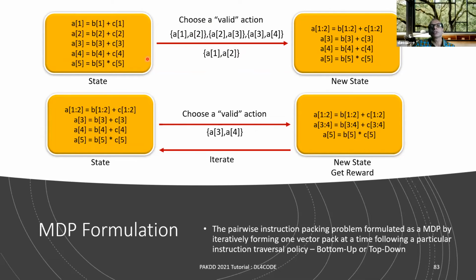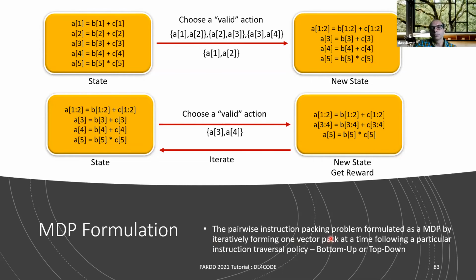Now, let's say after this, you go to a state where A1 and A2 are already packed. From this state, I want to go to another state where A3 and A4 will be packed. So you can see the state formulation happening by looking at your currently packed and currently unpacked data, making a valid jump to a new state, getting the reward functions and the values for that, and iterating over this whole thing.